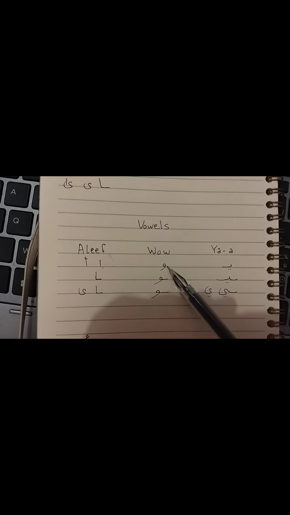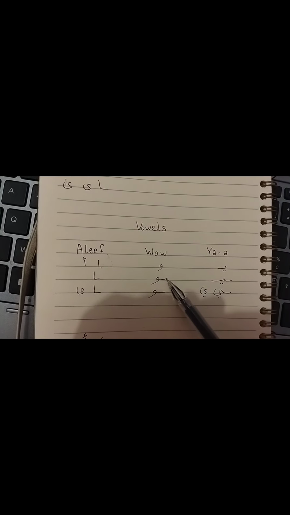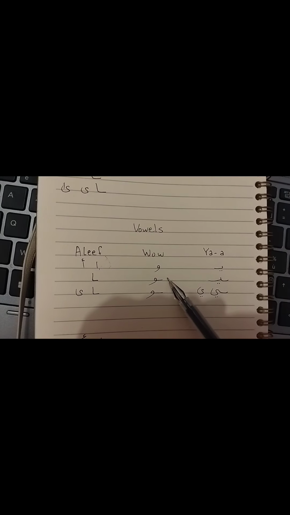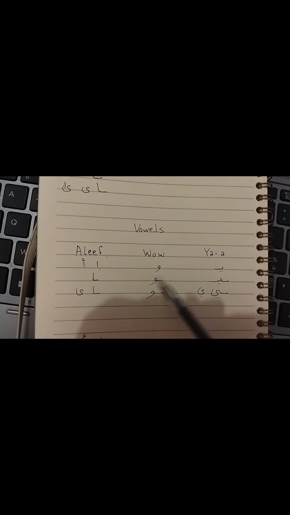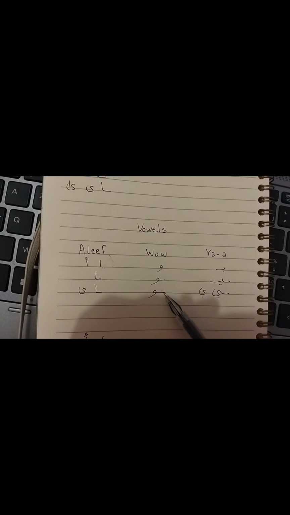At the beginning of words, it is not attached to anything here. In the middle, it is attached from this side only, because you'll find some other alphabet here. So it is attached here, but it is not attached here. And at the end of the word, it is attached just from the right side.